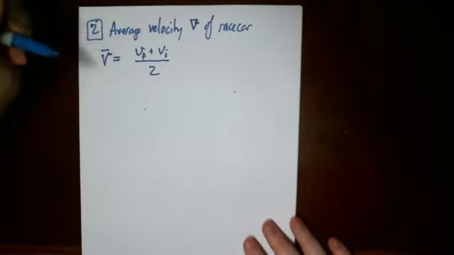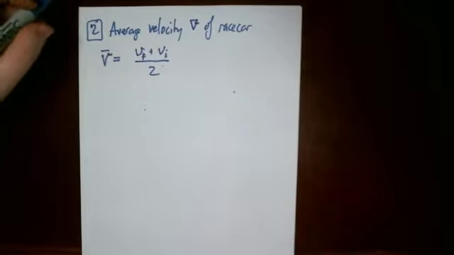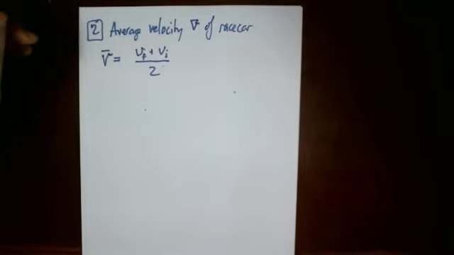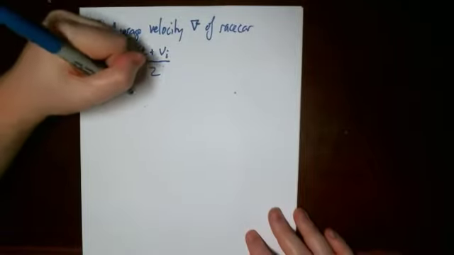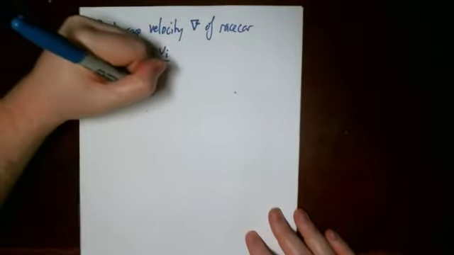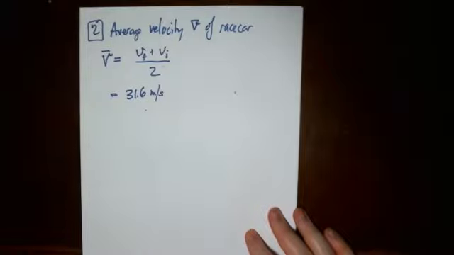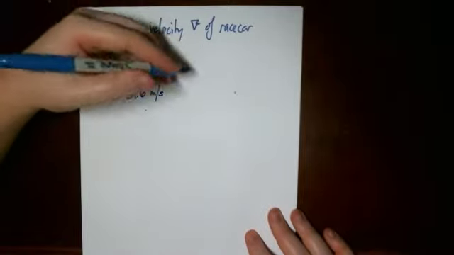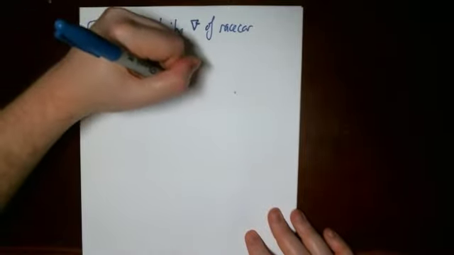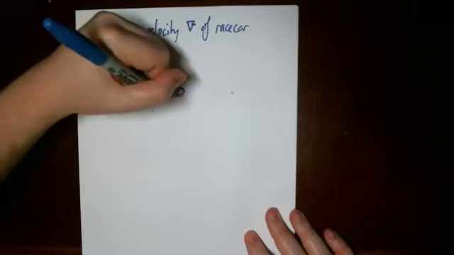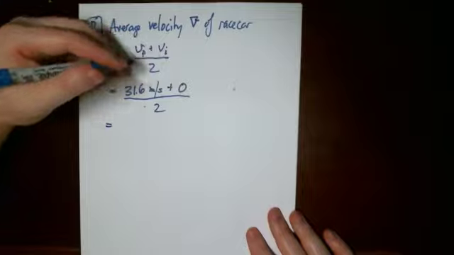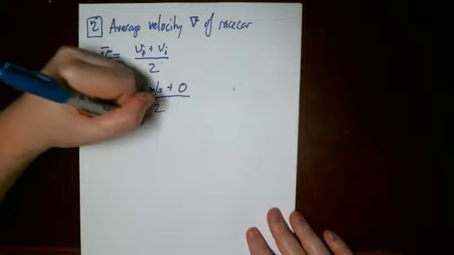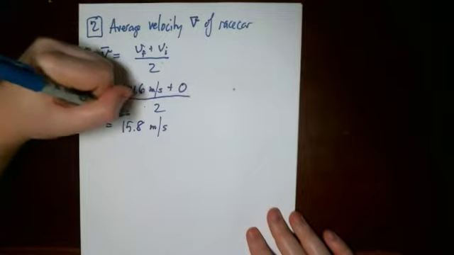And we want this in meters per second, so instead of using the 114 kilometers per hour that we calculated as our final answer to number 1, we'll use the 31.6 meters per second that we calculated on our way to calculating 114 kilometers per hour. And its initial speed was 0. So we divide by 2, and we should find the average velocity of the race car to be 15.8 meters per second.